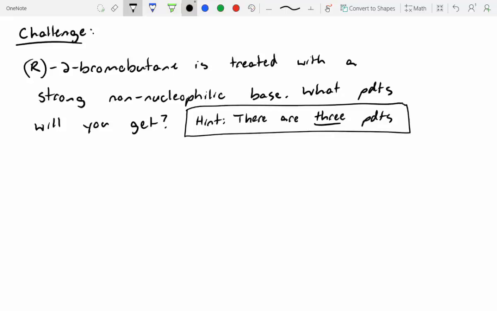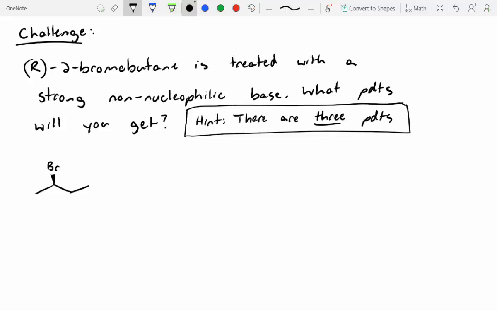Are you guys all able to draw our 2-bromobutane? Yes. I hope so. I'll get you guys started though in case you're having trouble. We draw our backbone, butane. Should the bromine coming off of this carbon right here be a dash or wedge? A wedge, right? So this bromine should be a wedge.